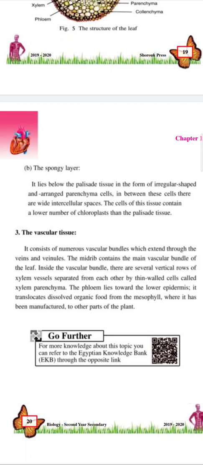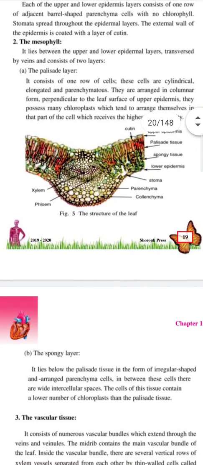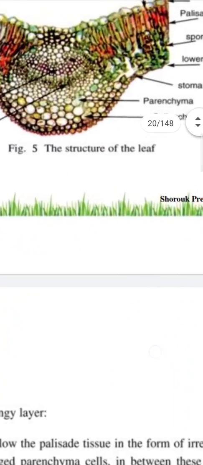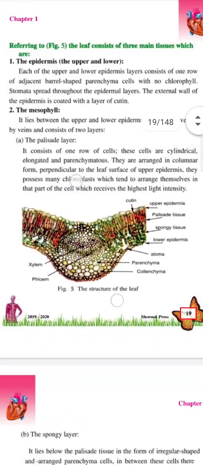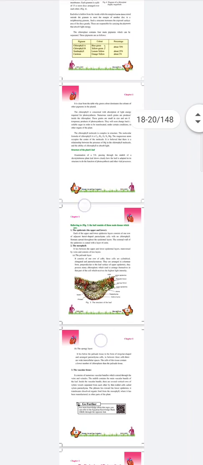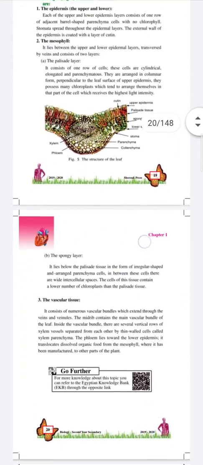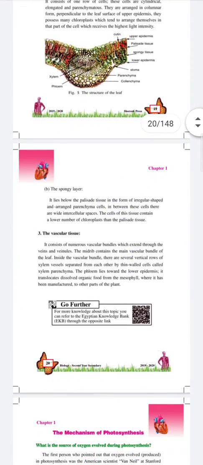It is irregularly shaped and loosely arranged parenchyma with large intercellular spaces. As we can see here, large intercellular spaces. It contains fewer chloroplasts than palisade cells.